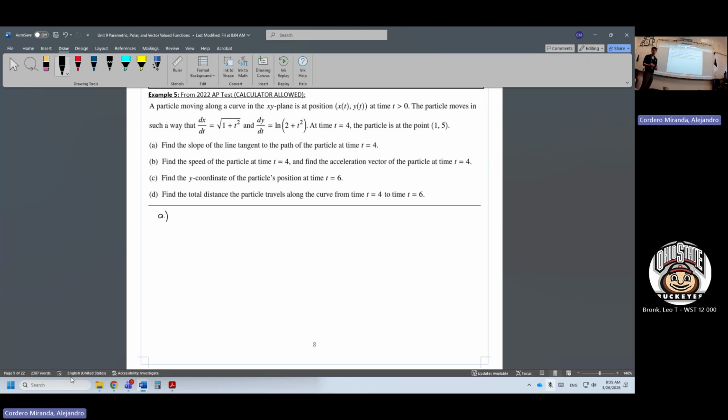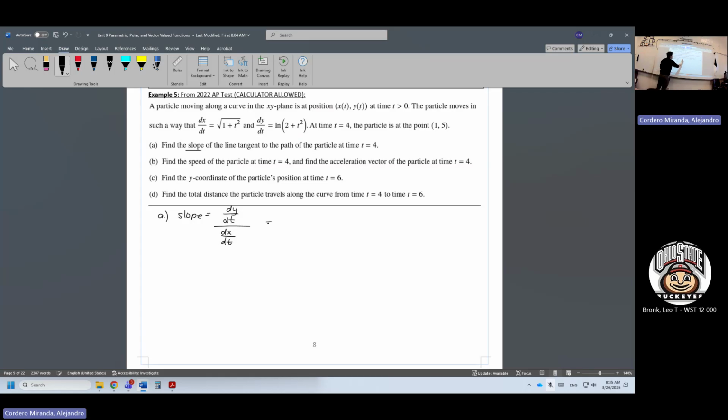Yeah, remember slope is slope, like you knew in algebra 1, it's change in y over change in x. If you keep all these conceptually straight in your mind, then you don't feel like you have to memorize a bunch of things. You already know that slope is change in y over change in x. So slope equals dy/dt over dx/dt.